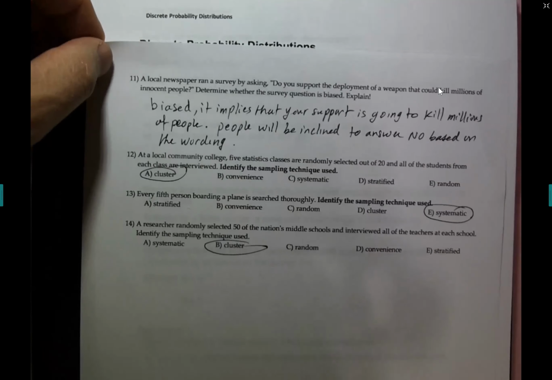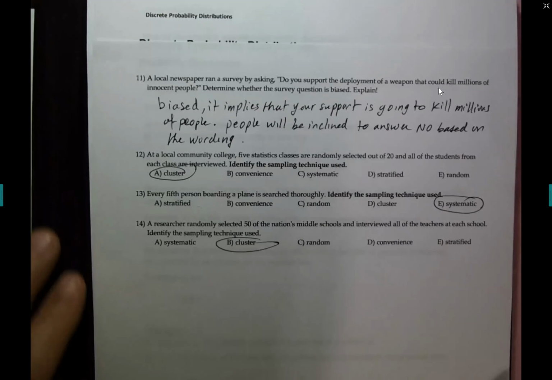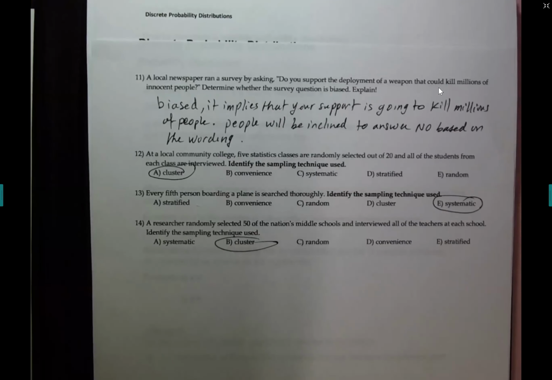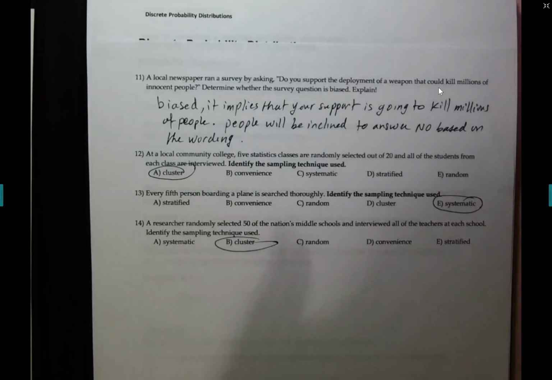Number 11. A local newspaper runs a survey by asking, do you support the deployment of a weapon that could kill millions of innocent people? Is this biased or not? Well, although weapons do kill innocent people, the way the question is worded makes you incline to say that you don't support it because they're telling you it does kill people.